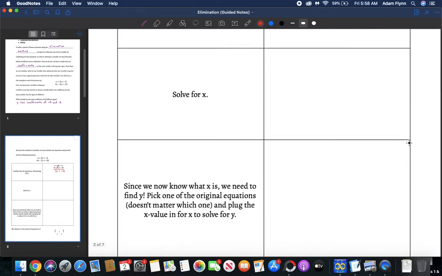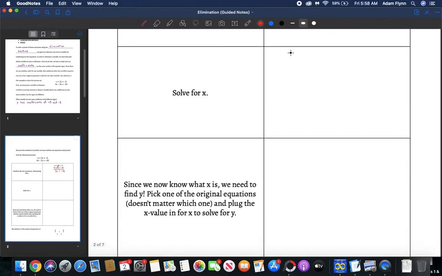So I've got 3x equals negative 12. To get the x by itself, I can divide both sides by 3. When I do that, those 3's are going to cancel. I'm left with x equals negative 12 divided by 3, which is going to be negative 4.